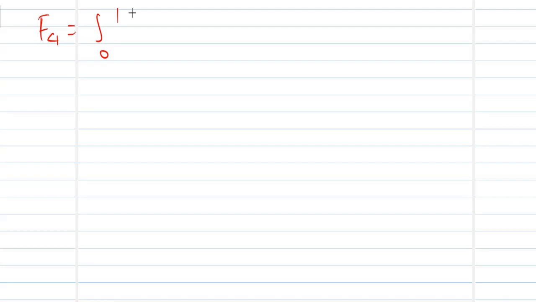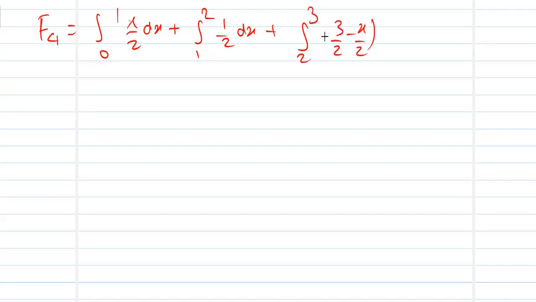For the function, it is going to be equal to x by 2 dx, and this now is from 1 to 2 half dx plus integral from 2 to 3, 3 by 2 minus x by 2 times of dx. And for the last case, what will happen? Integral between 3 to x, the function is going to be 0 dx because it is 0 elsewhere.